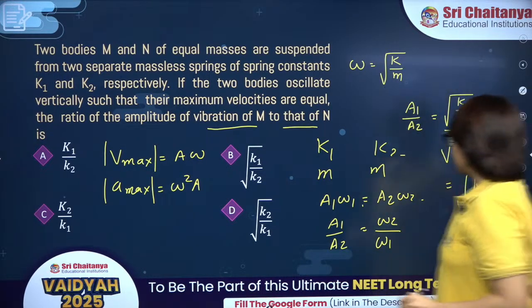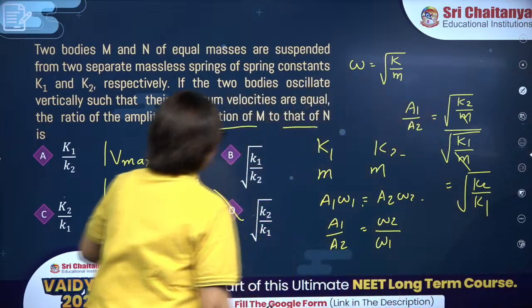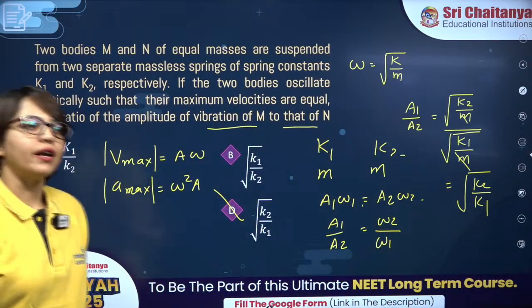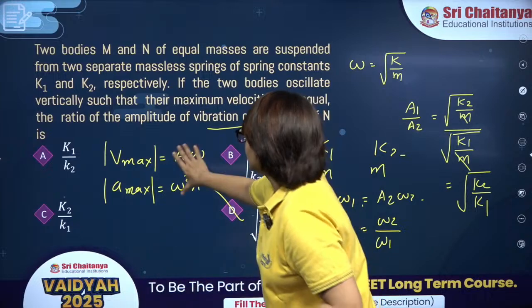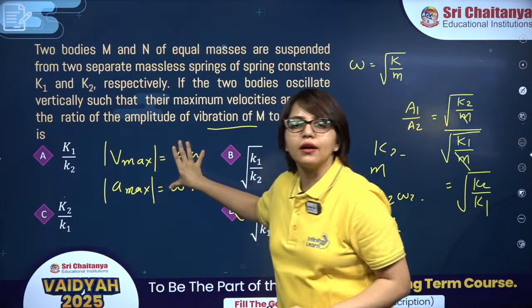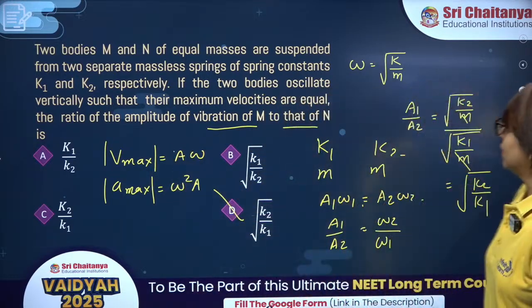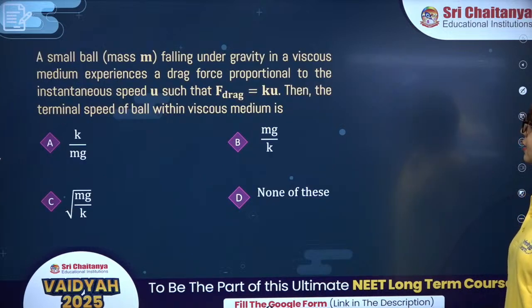This is the value of A1 to A2, which is option D. Well done, guys. Please remember these two things. These are important for us in SHM. Okay? Alright. Next is this one.